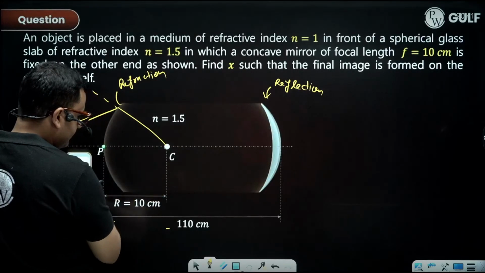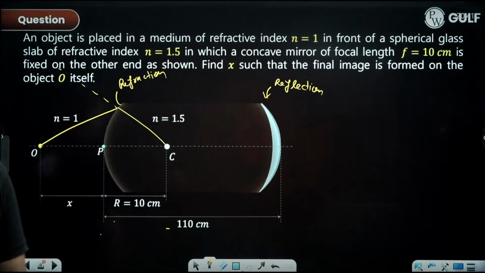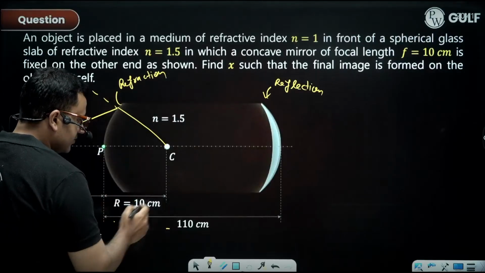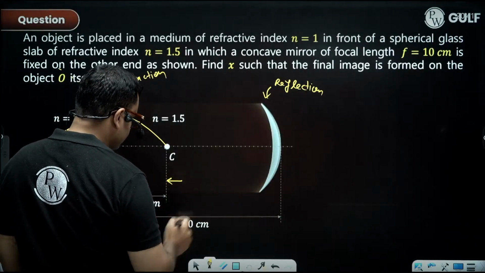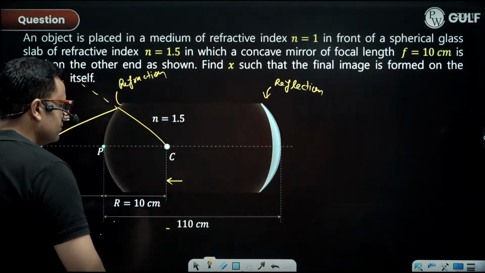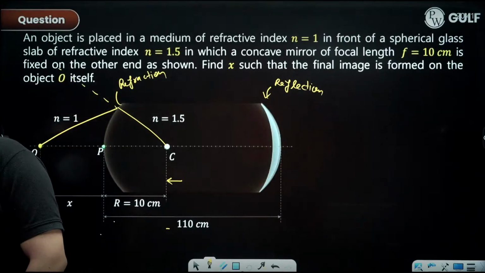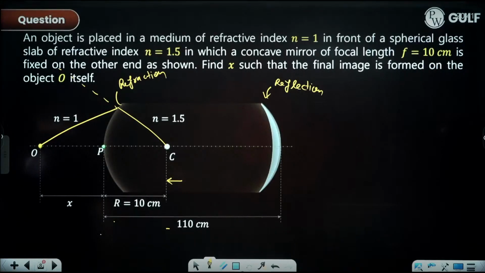This is your 10. So this will be what? 110 minus 10, so 100. The position of the image will be what? 10.